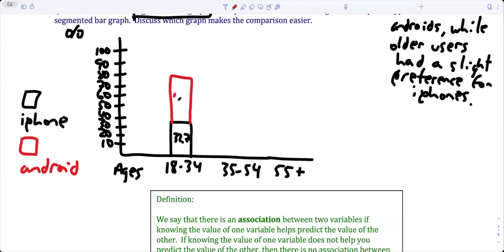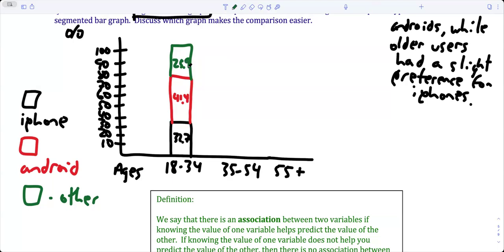So I'm gonna do that and then put 41.4. And then for the other, use green. And that was, let's see, it was 25.9. Sorry, looking at the wrong one.